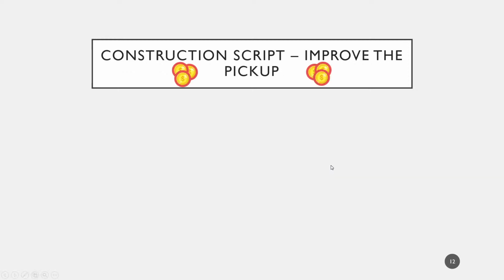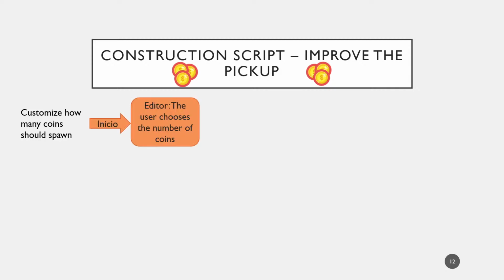So how can we use it in a more practical way? Here we want to customize how many coins the pickup should spawn. So at the start, we want the level designer or the artist to choose how many coins we want to spawn.